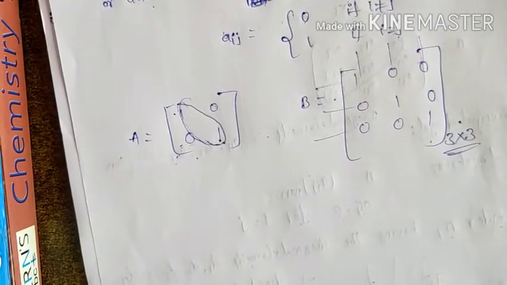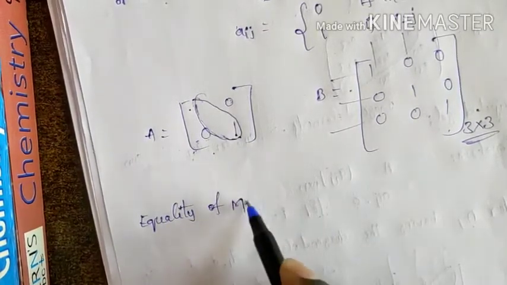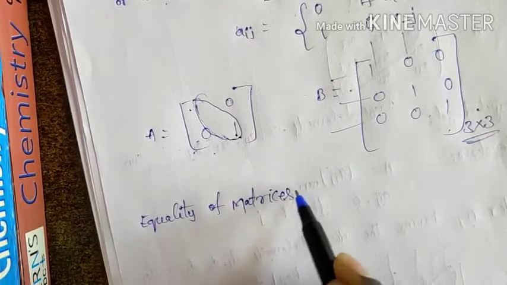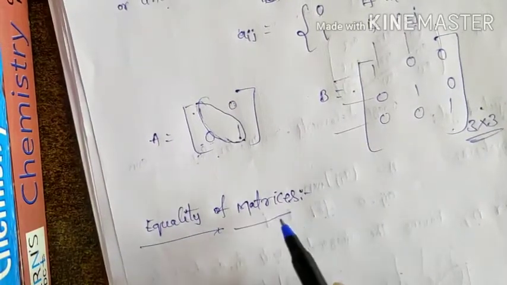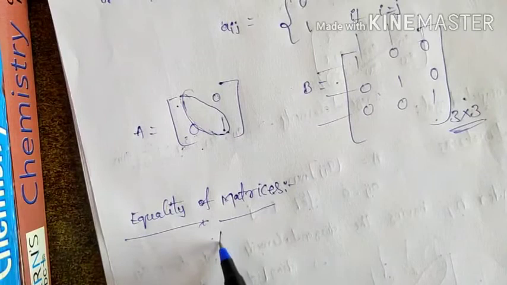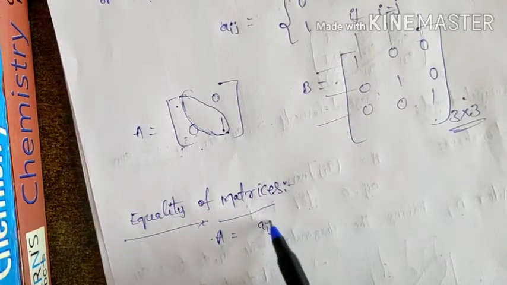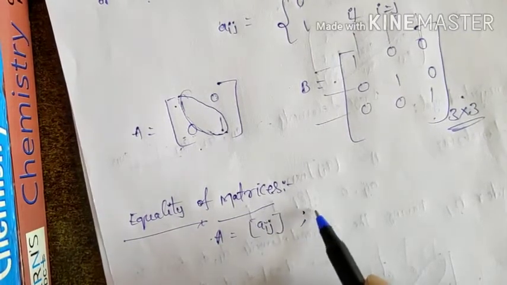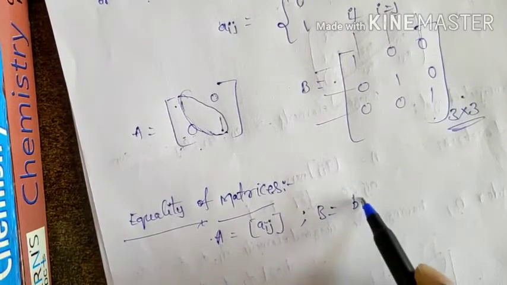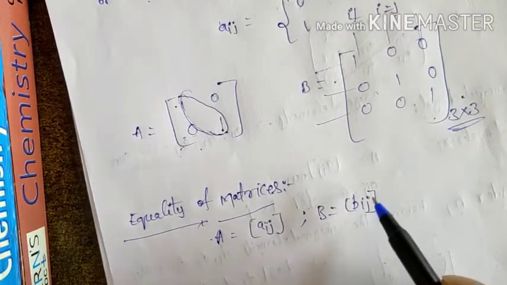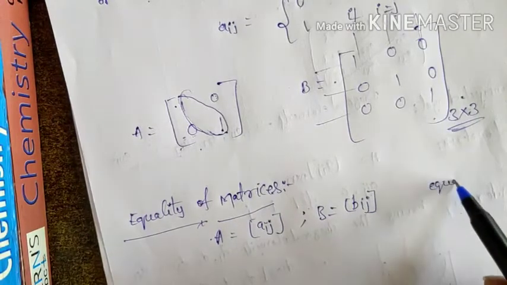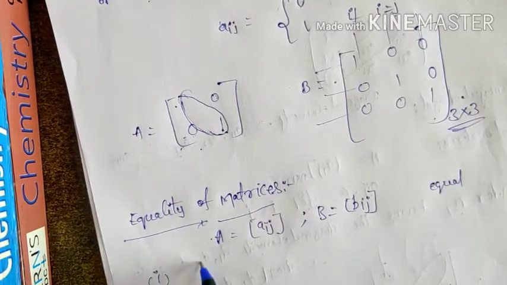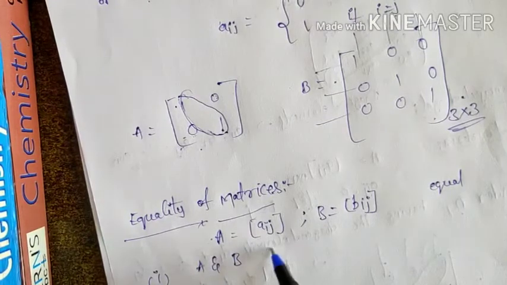Now let's see another concept, equality of matrices. Two matrices A = [aij] and B = [bij] are said to be equal if A and B have the same order.